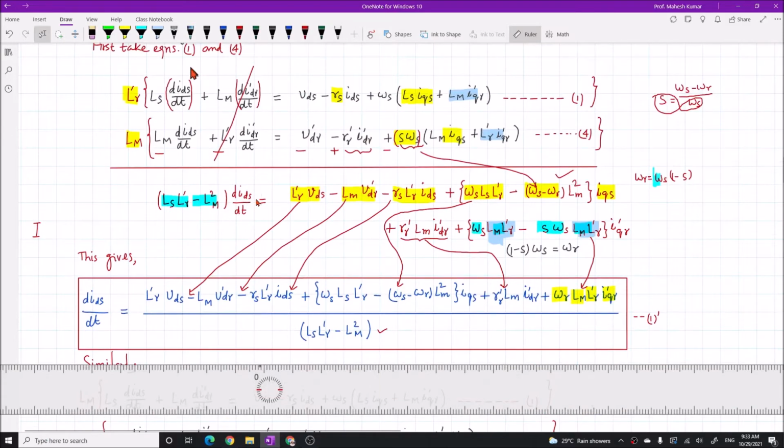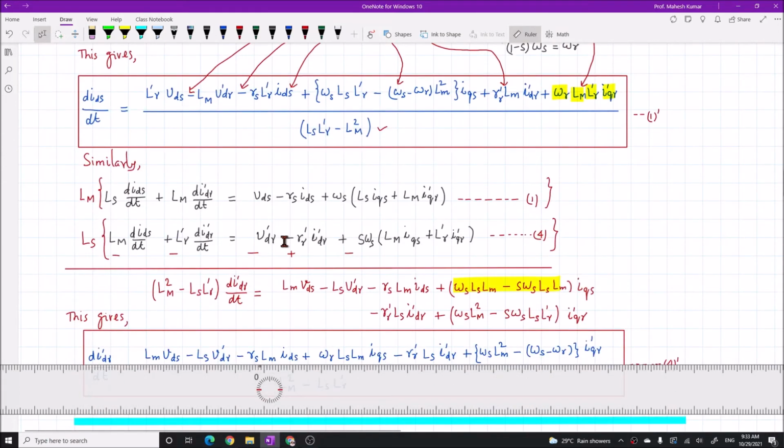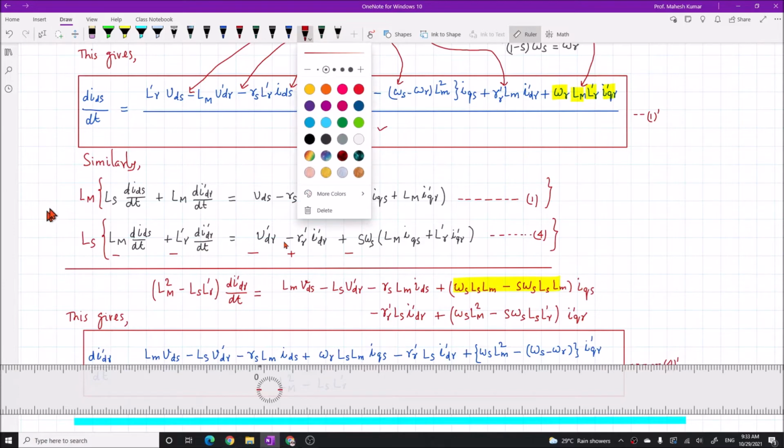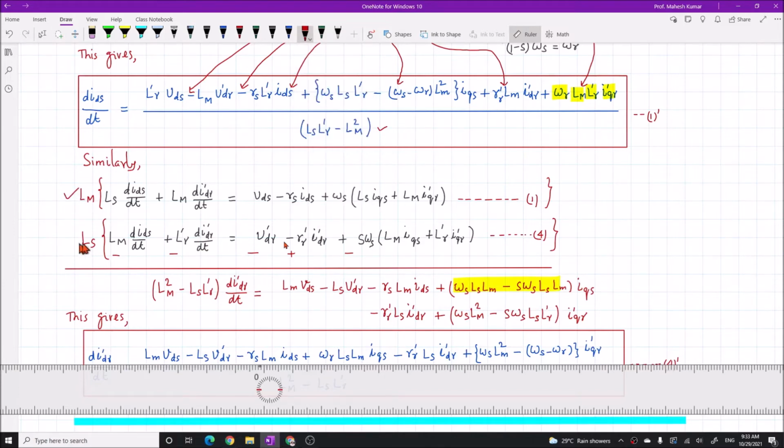To solve for this, we multiply the first equation with LM and the second equation with LS, and then we subtract, so this term is gone. And then we solve for dIdr'/dt.